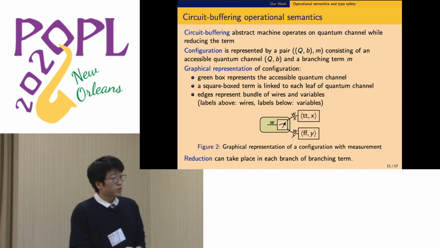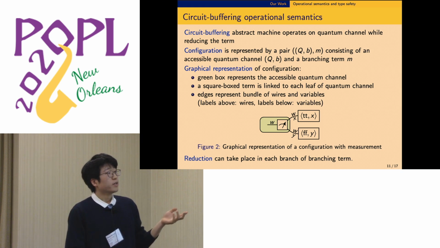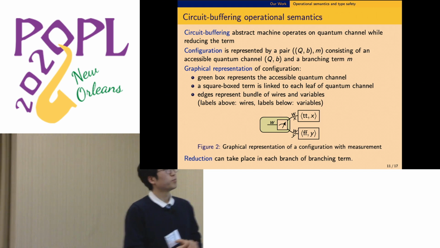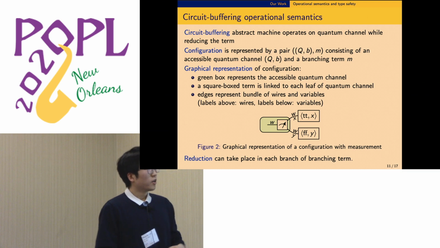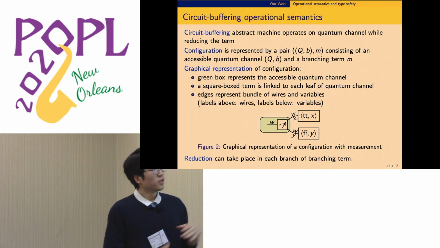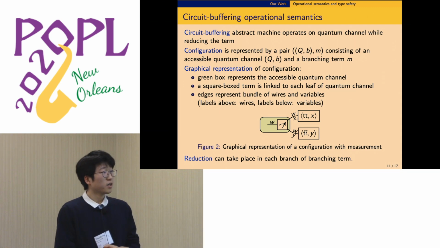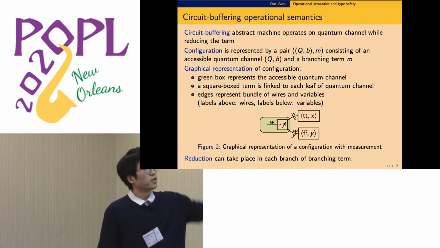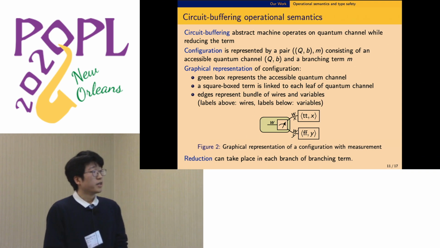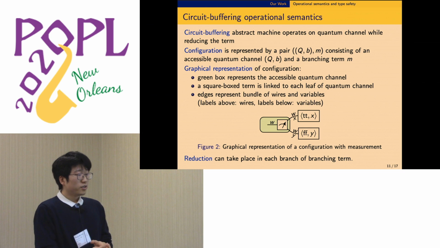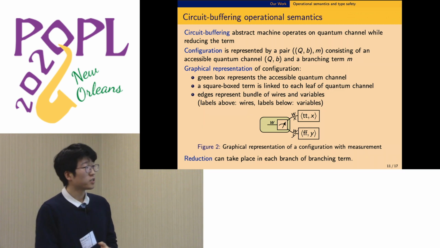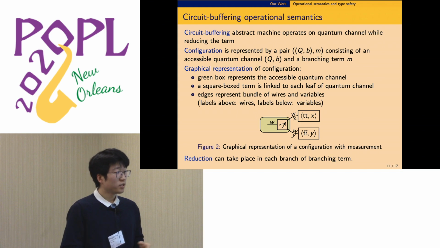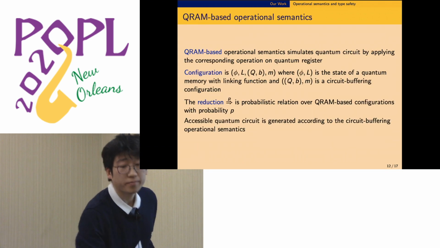And we give a graphical representation for the configuration as shown in this figure. We can see the green box representing a quantum channel and the box terms, and the wires, the edges, represent a bundle of wires. And the labels are for the variables and wires.